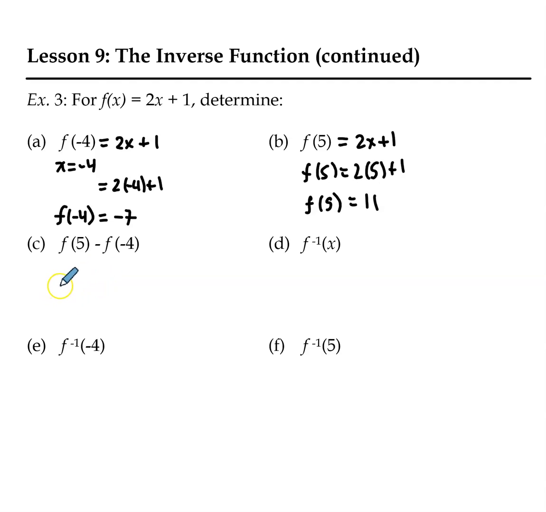When we look at question C, we're being asked to subtract our two values. Fortunately, we've already calculated them separately. So we know f(5) is 11, and we know f(-4) is -7, giving us positive 18.